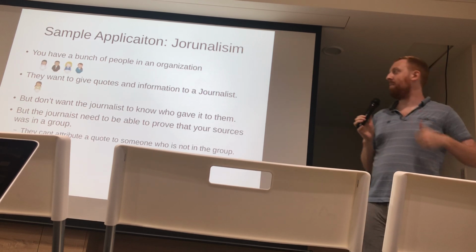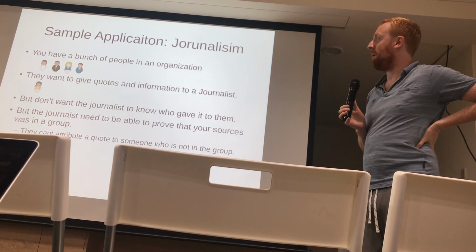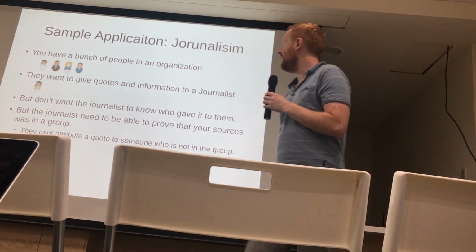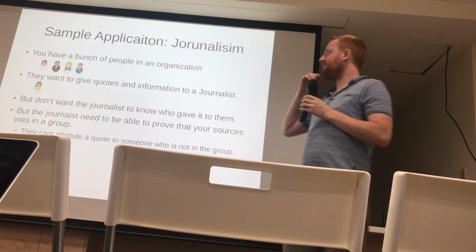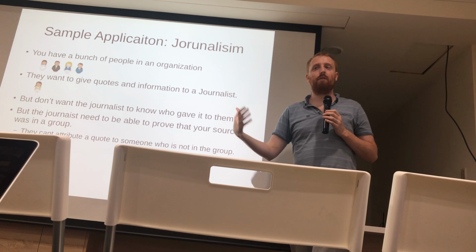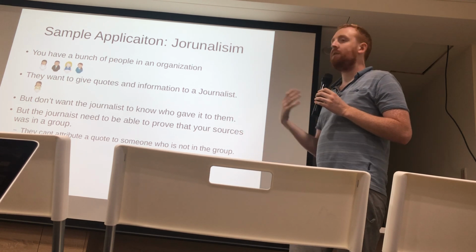Okay. All right, so imagine that we have a bunch of people in an organization who are represented by these pictures here, and we have a journalist. And the people in the organization want to give quotes and information to the journalist, but they don't want the journalist to know who they are.